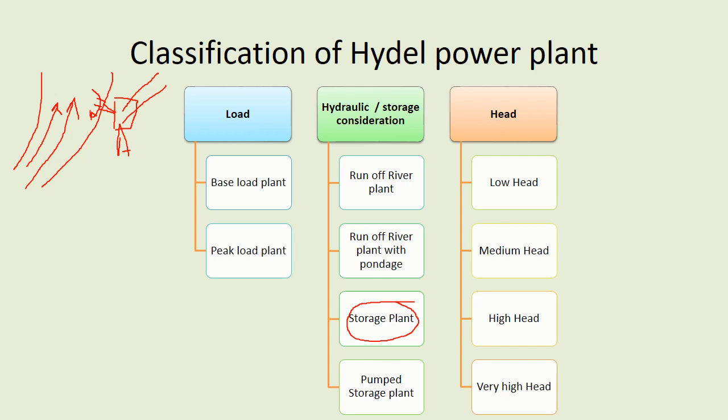There can be breakage of the turbine blade. So this plant does not have control over the rotor speed. Basically, this plant does not have control over the turbine blades.